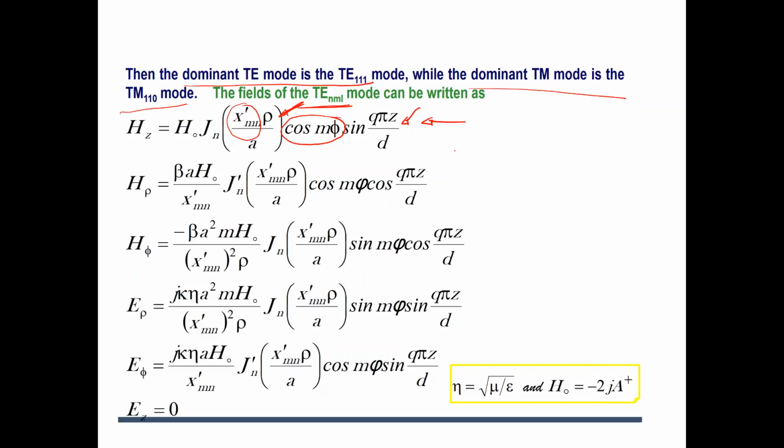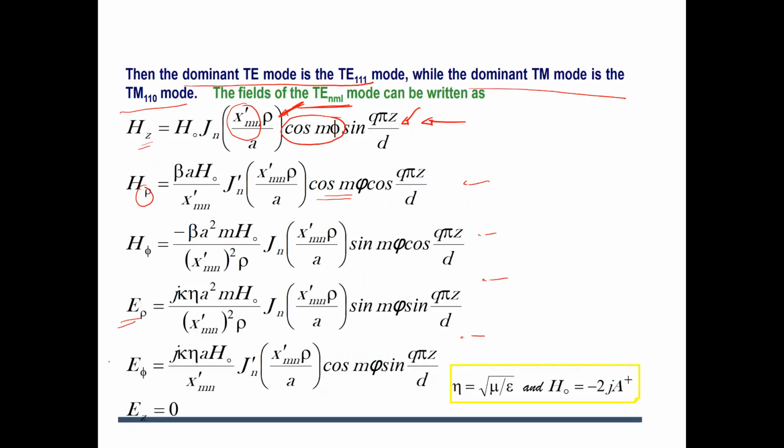Based on that, we can now use Maxwell's equations to calculate the other terms, and you basically end up getting the other four terms given by these expressions. For H rho, you have the derivative of Hz with rho. For H phi, you have the derivative of cos m phi with phi.